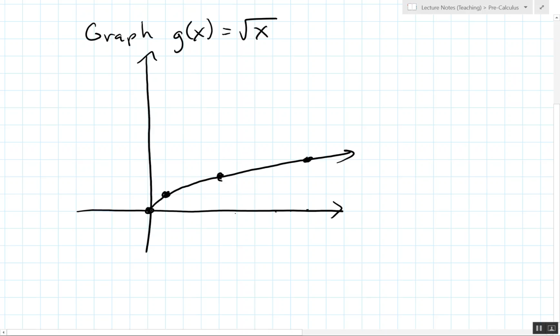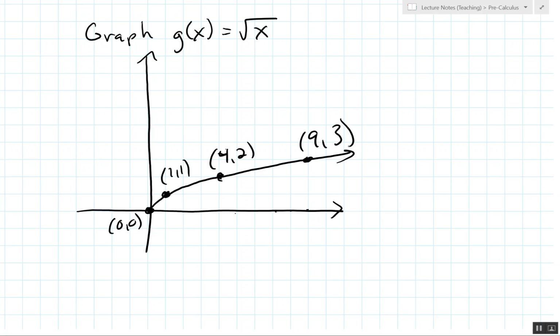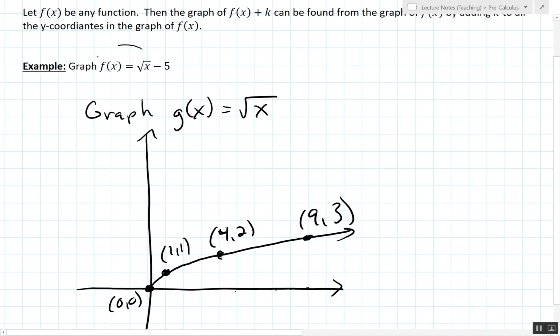This is from the library of functions section that did not have a video. Let me label all these points to emphasize: this is 1, 1, this is 4, 2, this is 9, 3. Now we know the base graph of g of x and some typical points on it, and we're ready to graph the function we're interested in.